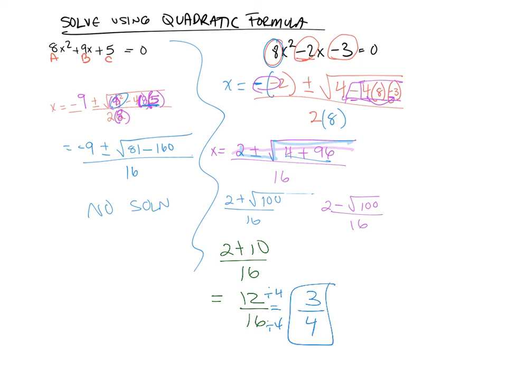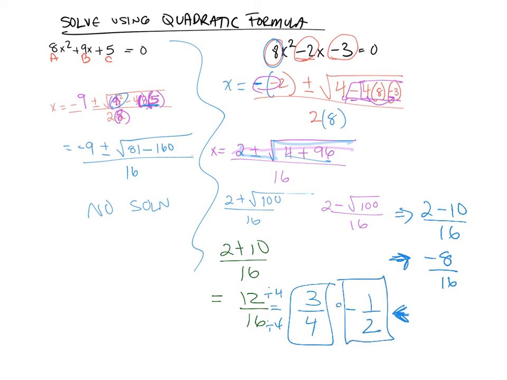And then the other one, you're going to do 2 minus 10 divided by 16, which is going to give you -8 over 16, which as a fraction is going to give you -1/2. So the two answers that you get are 3/4 and -1/2.